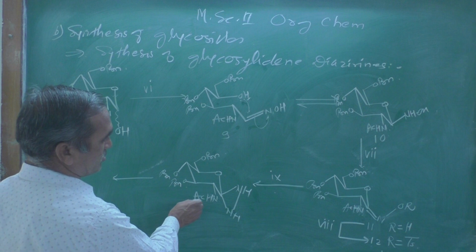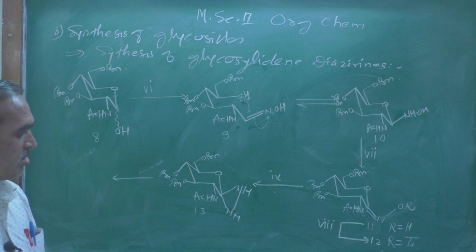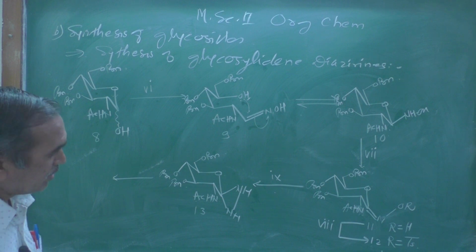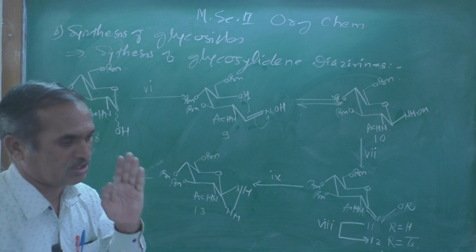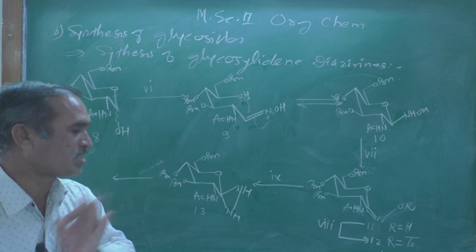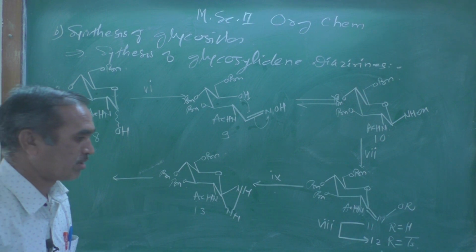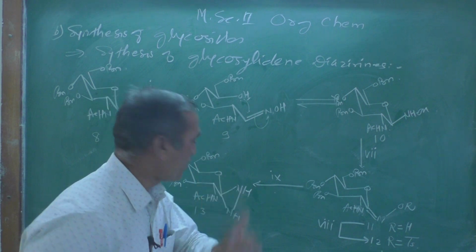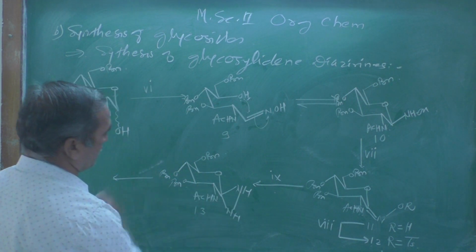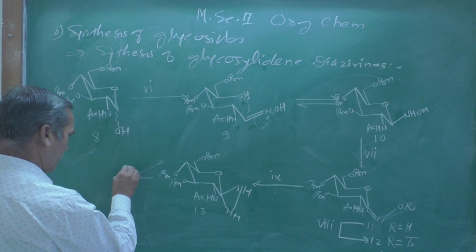Now this is structure number 13. If you observe this structure, the noticeable point over here is that at the anomeric carbon atom only the changes are occurring.